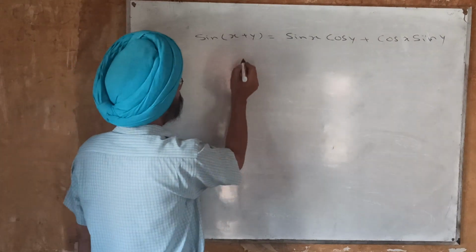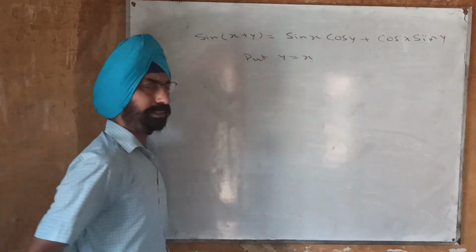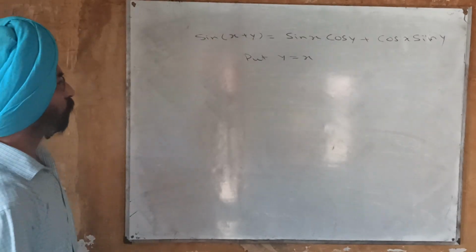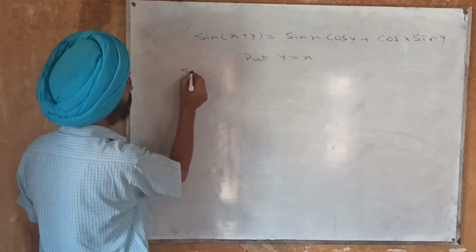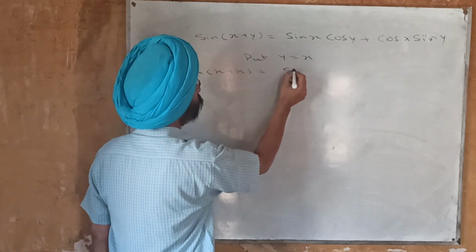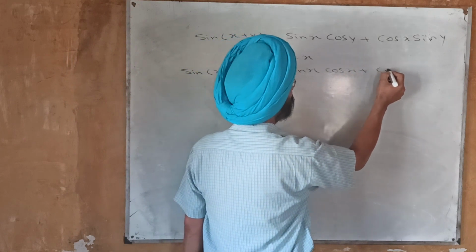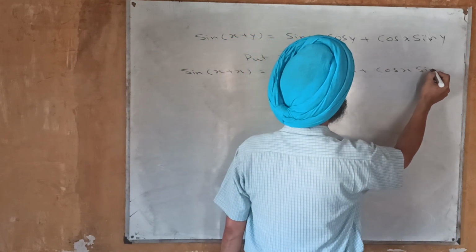Now put y is equal to x in this formula. So what will you get? You will get sin x plus x is equal to sin x cos x plus cos x sin x.